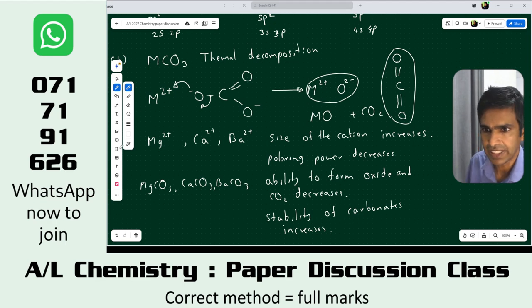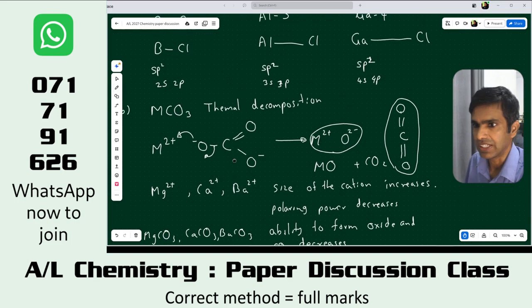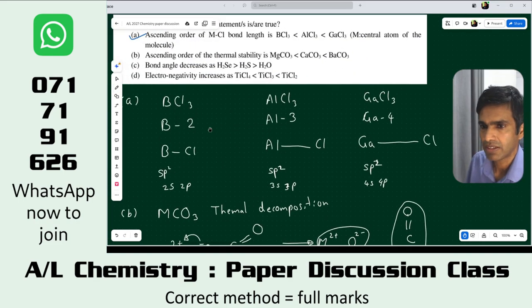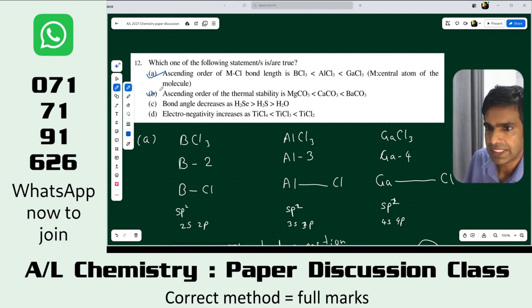So it's clear that statement B is also correct. Statement B is that ascending order of thermal stability is magnesium carbonate, calcium carbonate and barium carbonate. That is the correct order. Therefore, it is correct.